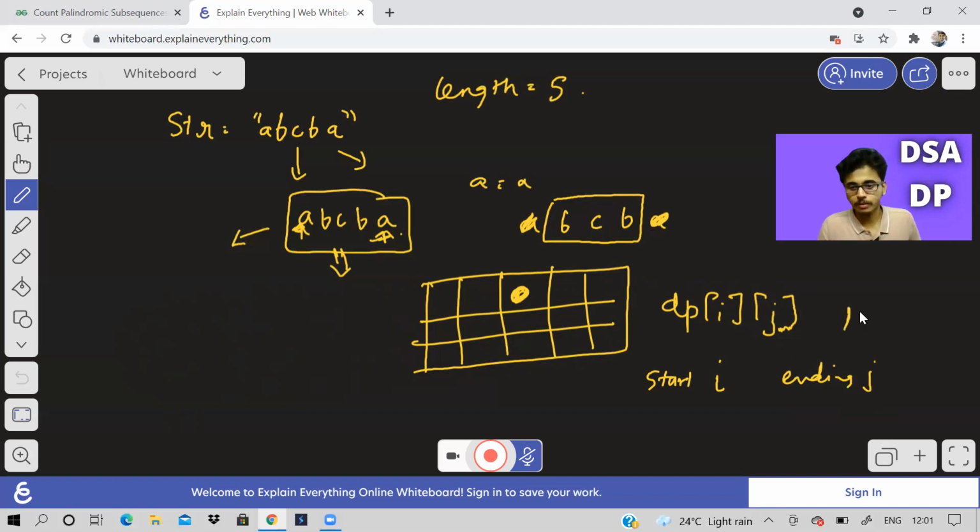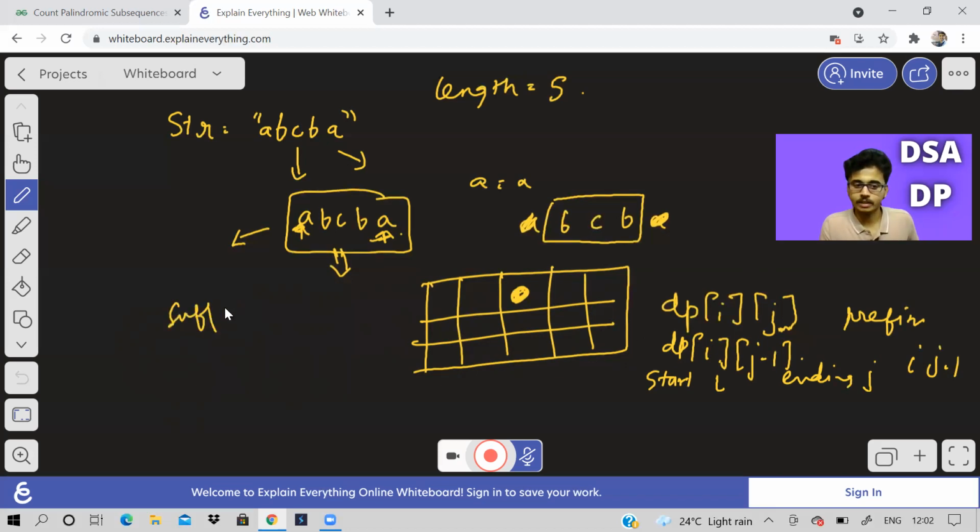And what will be the prefix? So prefix was, we forgot the last character. So it is from I to j minus 1. So the count of how many palindromic subsequences are there in the prefix will be represented by dp of I, j minus 1.